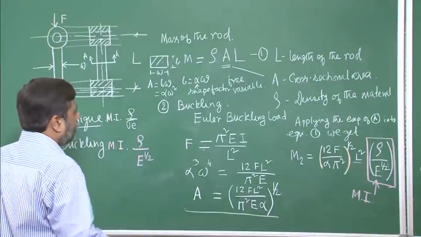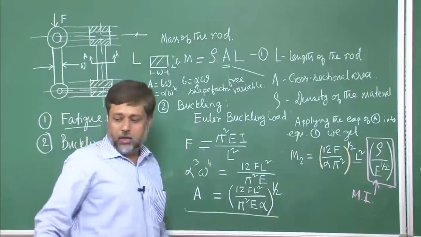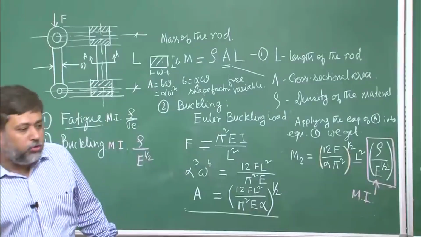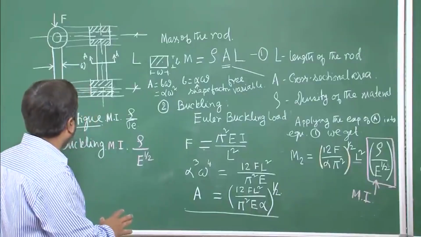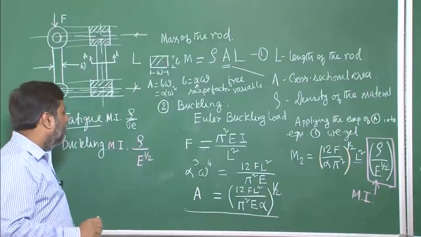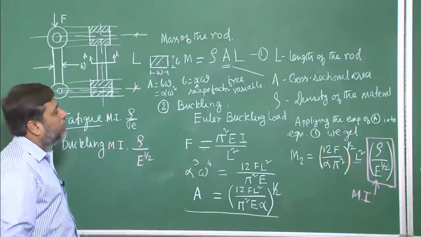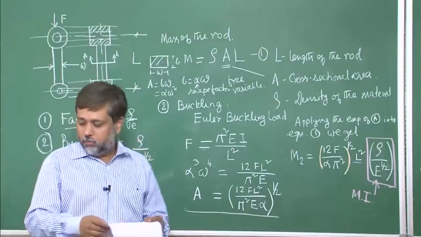So with this in the background, let us see how we are going to tackle the problem. Now that we know the material indices, should I go for rho over sigma E, should I go for rho over square root of E, or should I try to do something better for this case?